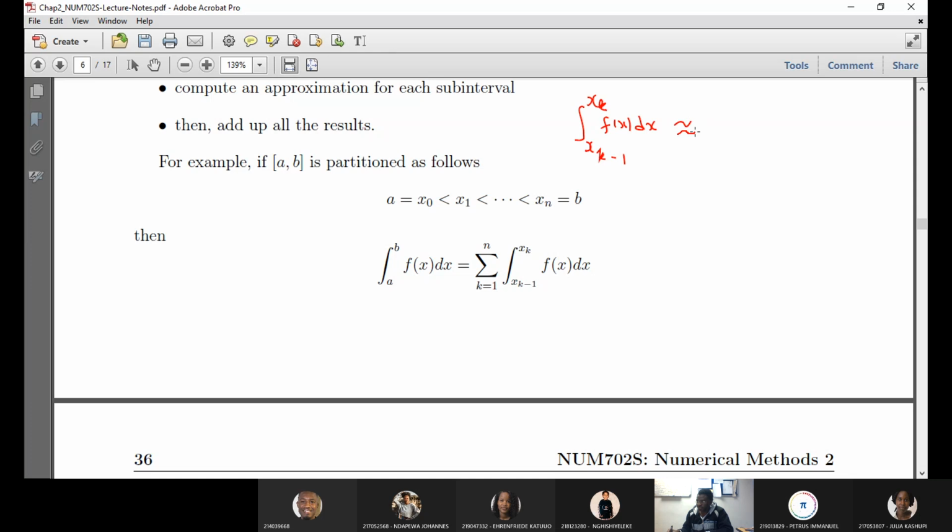You agree with me that if you take the trapezoidal rule, it will give us h, and what is h here will be this difference. That is h. Let us just write h by 2 of f of this plus f sub k.